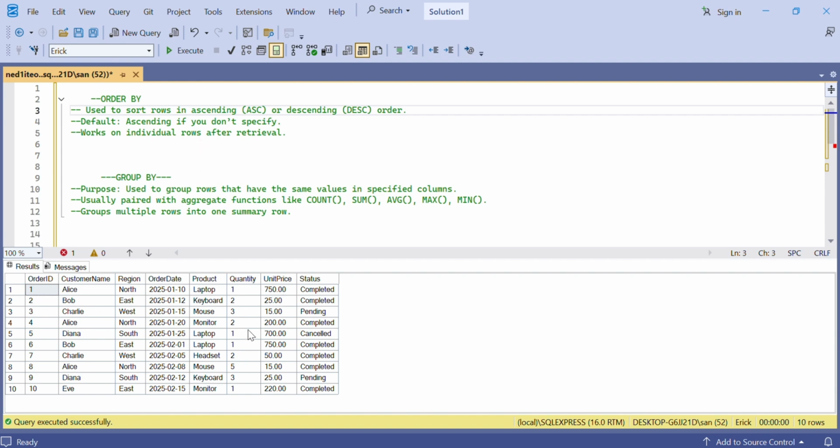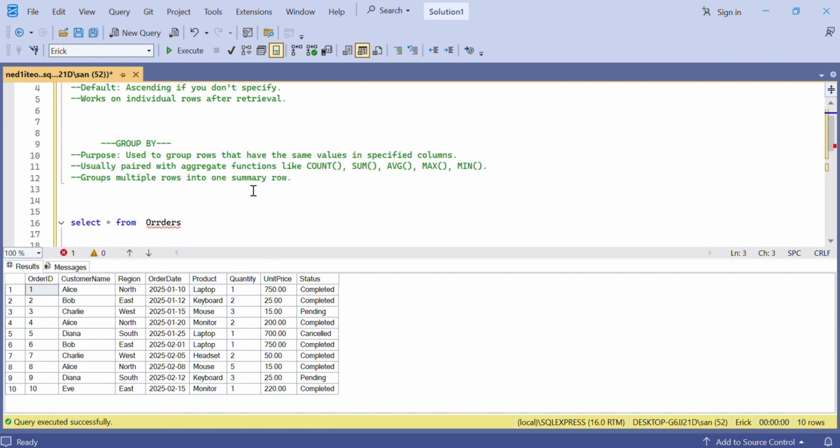In this case, it will arrange from the highest unit price to the lowest unit price, the row having the highest unit price to the row having the least unit price.